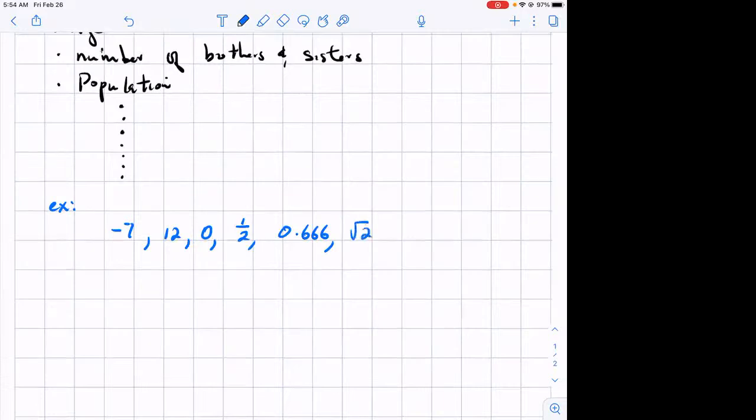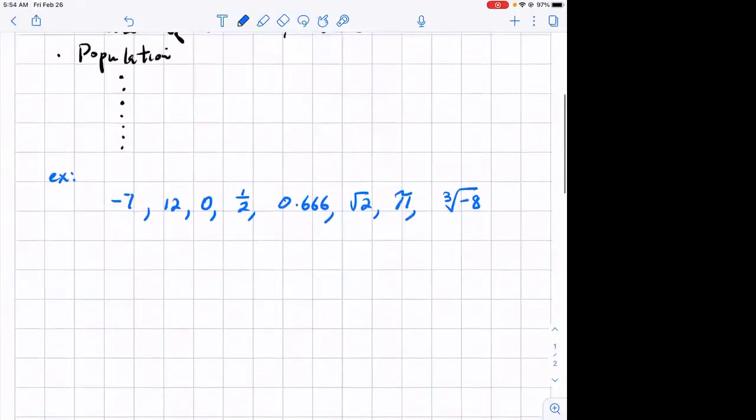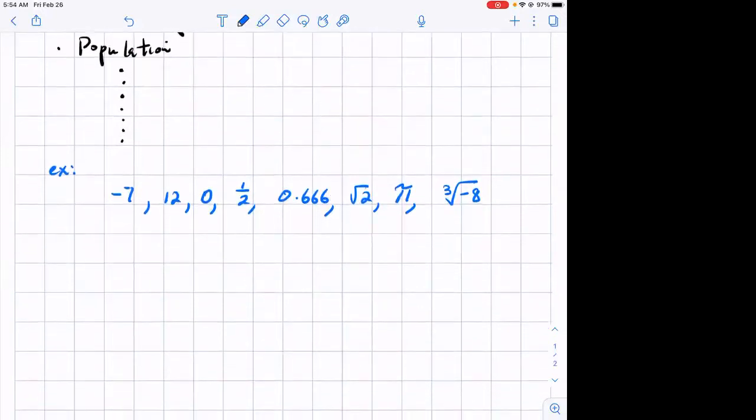Square root of 2, pi, cube root of -8. These are all examples of real numbers. Real numbers are sort of like the head of all of these different subsets that we have.